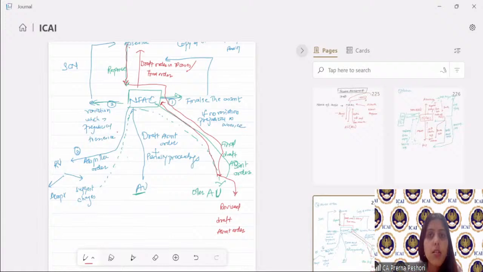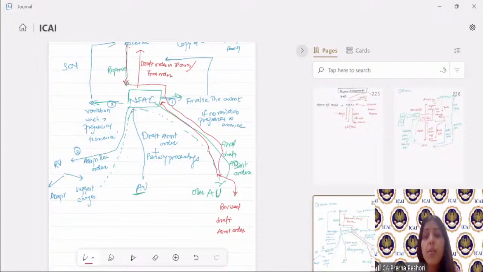Okay. So see, in the next class, we have completed faceless centers and faceless assessment, right? In the next class, we will be starting with the assessment in the case where the GAAR is there. Then we will be doing 147. We will also be talking about DRP, what we have discussed today.